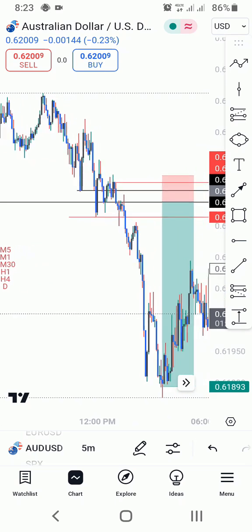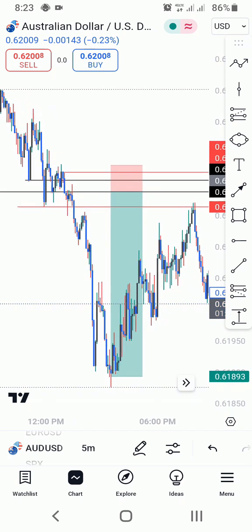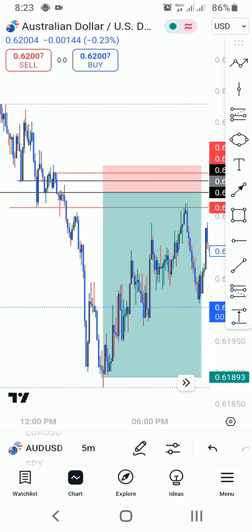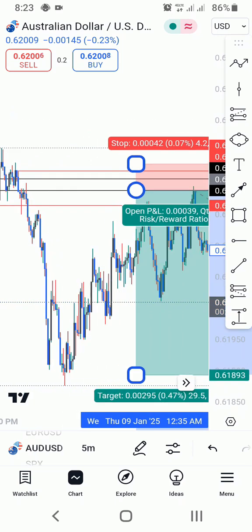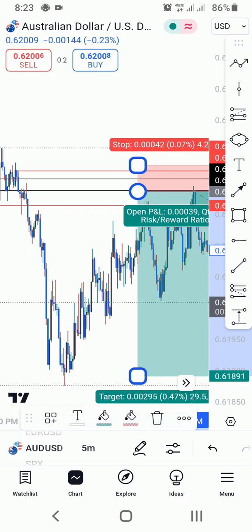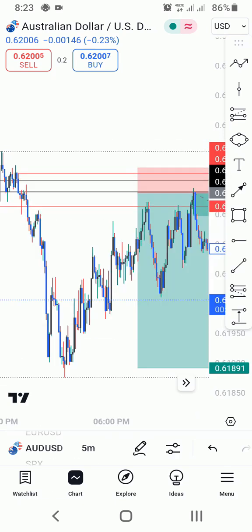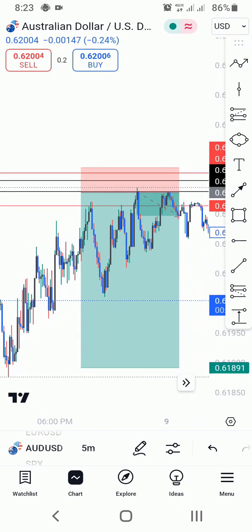So let us pull and we see how the market reacted. Let us see how the market reacted. It has placed us in from here. Let us see how it reacted. Let's start again.